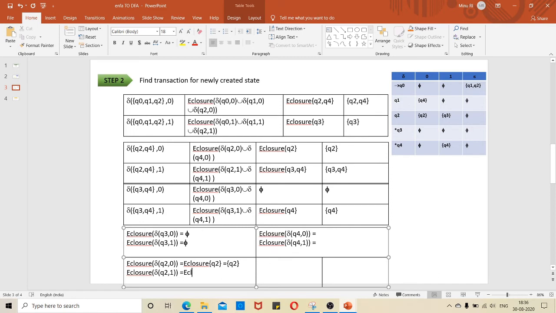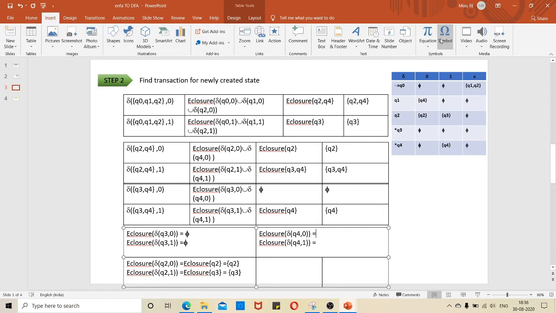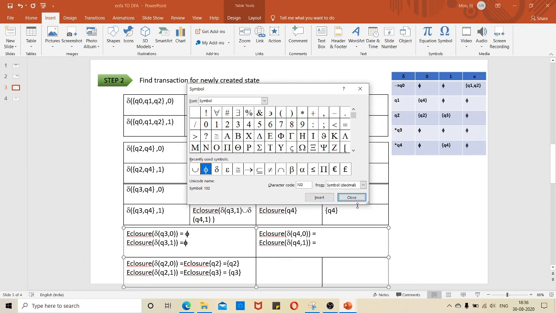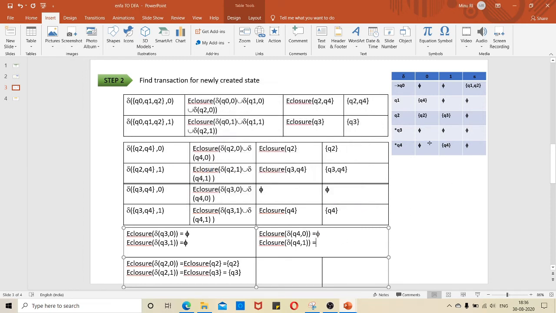So epsilon closure of Q3 will be equivalent to Q3. See, already we have found it. And for Q4 with respect to 0, it is simply phi. Let me insert the symbol phi. And for 1, it is Q4. So epsilon closure of Q4 is Q4 only.